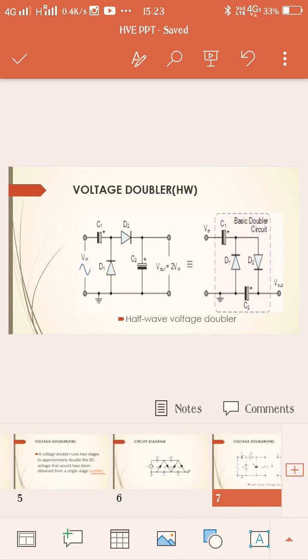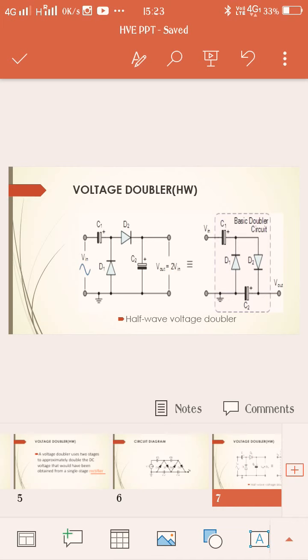During the positive half cycle of the input signal, the diode D1 conducts and the diode D2 is cut off, charging the capacitor C1 up to the peak rectified voltage, that is Vm. During the negative half cycle, diode D1 is cut off and diode D2 conducts, charging capacitor C2.